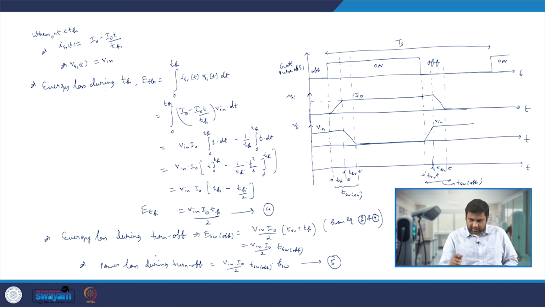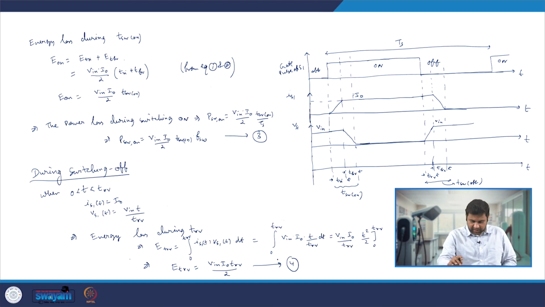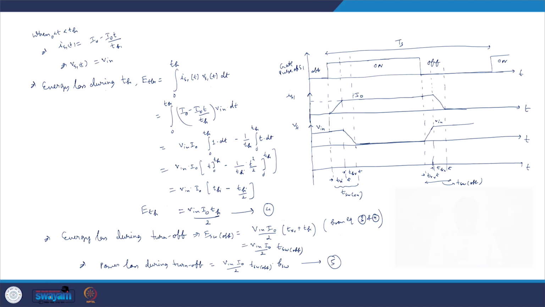Now we calculated the power loss during turn off case. Similarly, we have calculated the power loss during switching on or turn on case. So let us try to see the overall switching losses in the power converter.